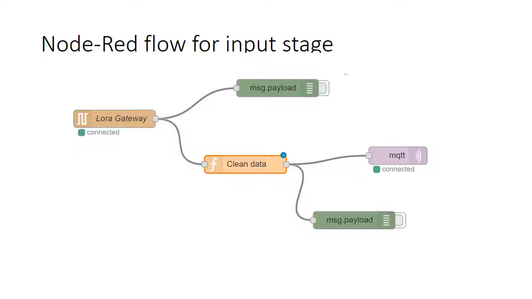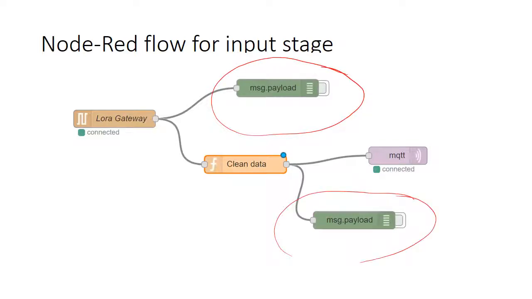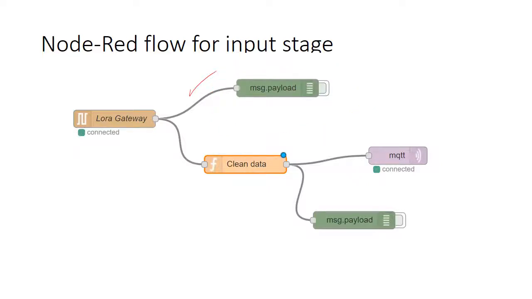We have things like the message payload there, which I'm outlining, and really these are debug statements which allow us to take a look at the output of the LoRa gateway directly here, and for this one down here, allows us to look at what we get when we've cleaned the data and presented it in an appropriate manner. Right, if you just bear with me for a couple of seconds, I'm just going to clear these little bits of scribble off the screen before we move on.